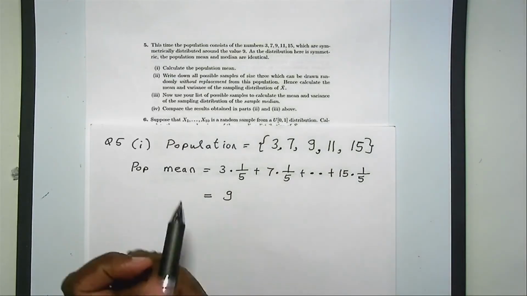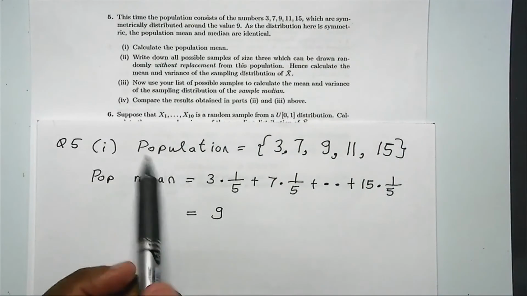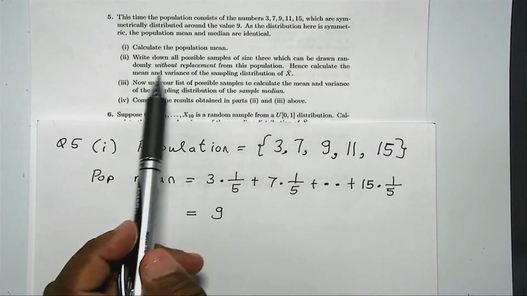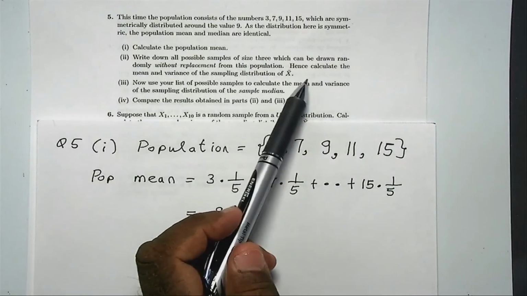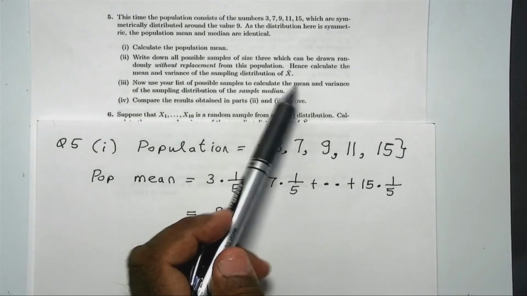All right. Part 2 of the question is, let me zoom in. Part 2 is to write down all possible samples of size 3, which can be drawn without replacement, and hence calculate the mean and the variance of X bar, right? Okay.